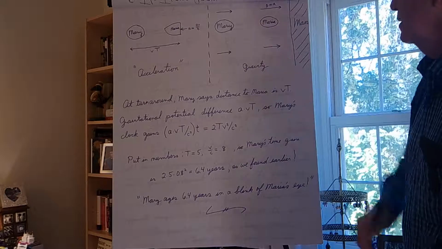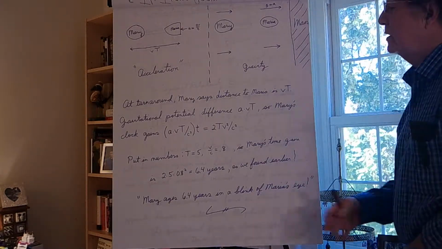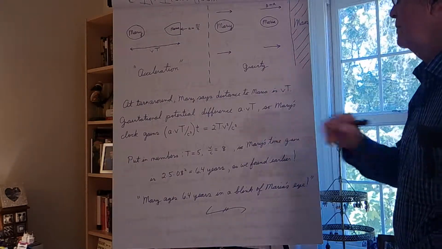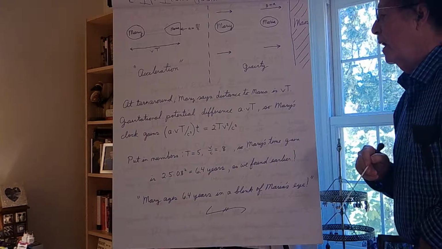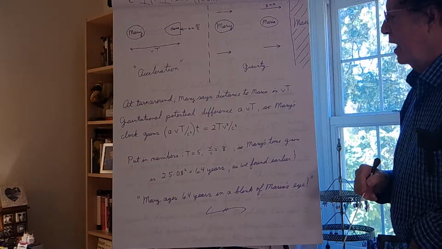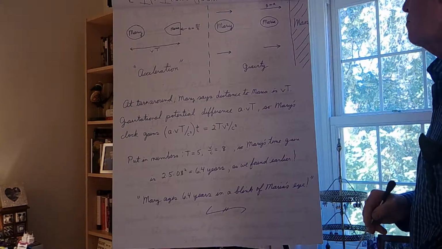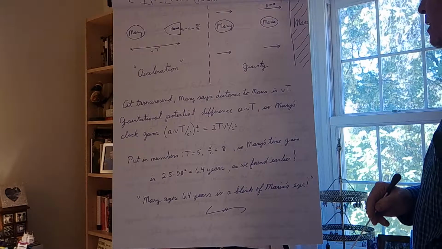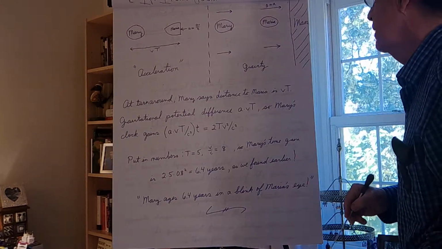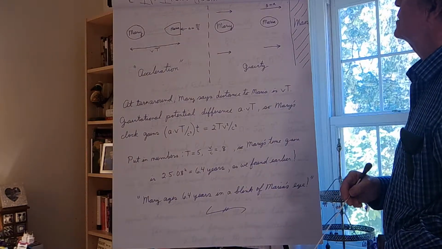I introduced the little time t just to tell me how long the acceleration period was, but what comes into the formulas is the acceleration times that time difference, and that's just twice the change in the velocity. So this then is the time difference that Maria would say that Mary has experienced during the period where the acceleration applies.